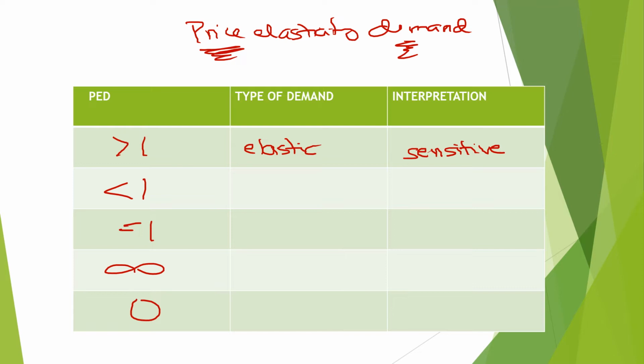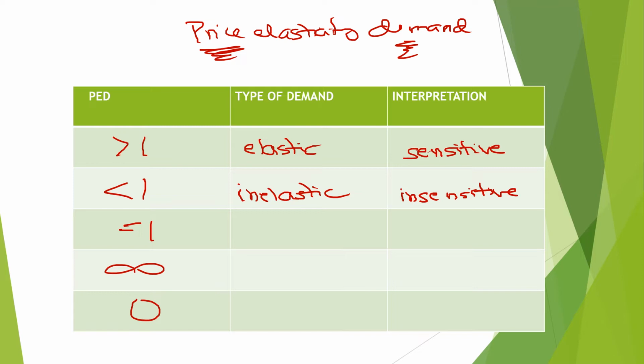If your PED is less than 1, you have an inelastic demand, which means that the demand is not sensitive. It's not like it's not responding, it's just that it is not that sensitive. It is somehow insensitive. Okay?